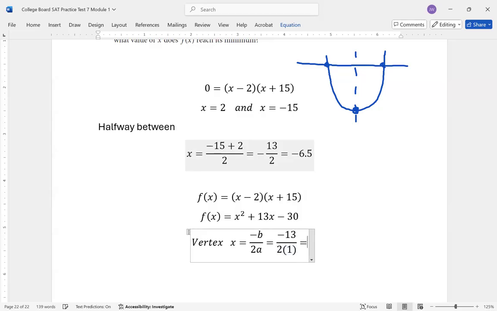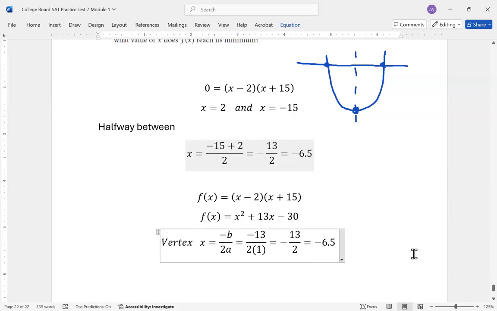And again, that's either a negative 13 over 2 or a negative 6.5, whichever way you prefer is perfectly fine. If you want to write it as an improper fraction, write it as negative 13 over 2. If you want to write it as a decimal, write it as negative 6.5.